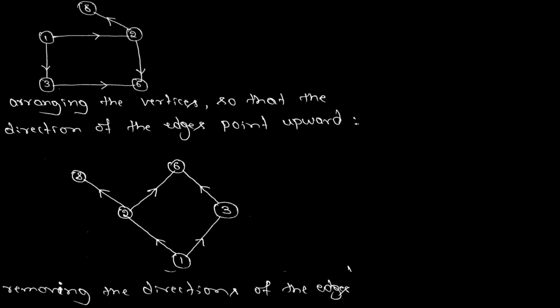Let us remove these directions. Only write edges. After removing all the directions, we get the final Hasse diagram as this. So this completes the problem.